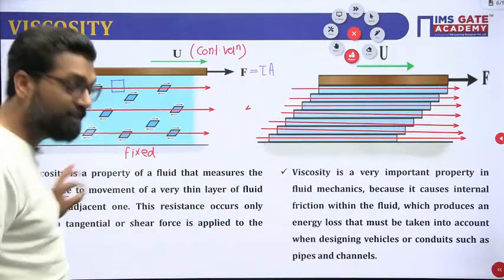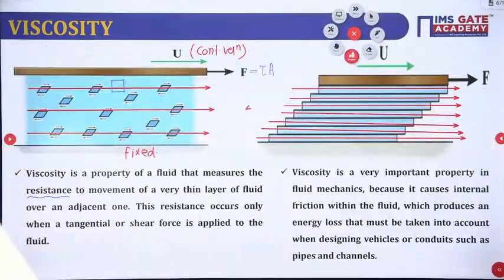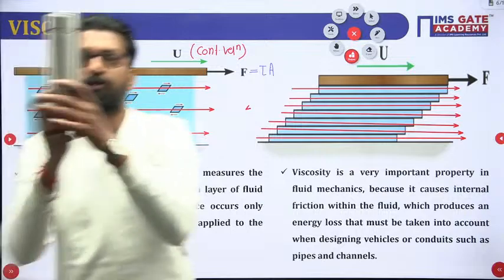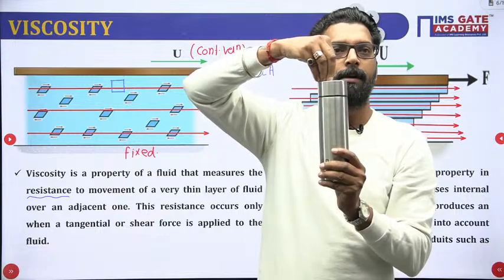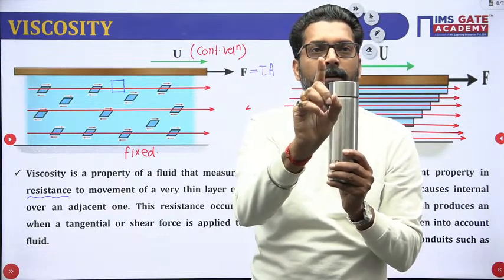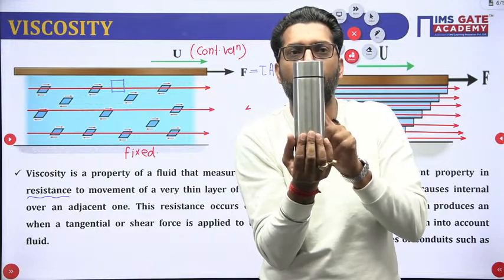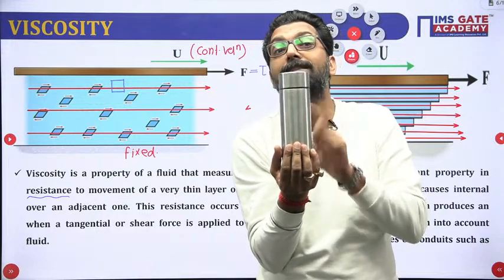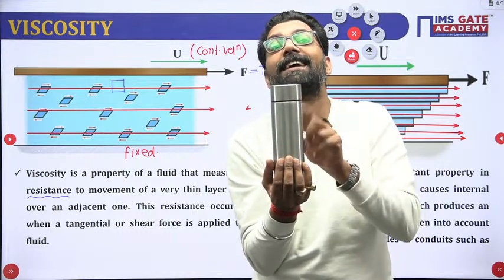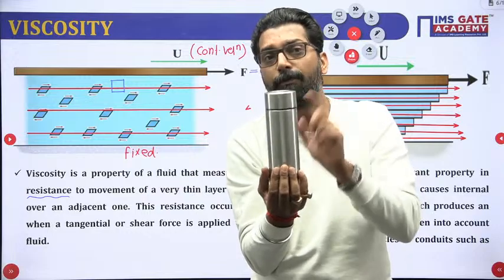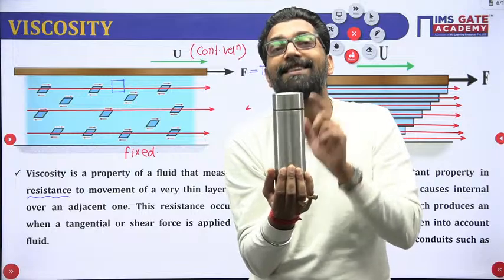If there is no resistance, viscosity does not come into the picture. See, my dear, if someone asks what is the viscosity of this fluid inside this bottle, you cannot define it. This fluid is not moving, so you cannot define the viscosity. Viscosity comes into the picture when there is a deformation, and when the deformation is induced, there must be a resistance.